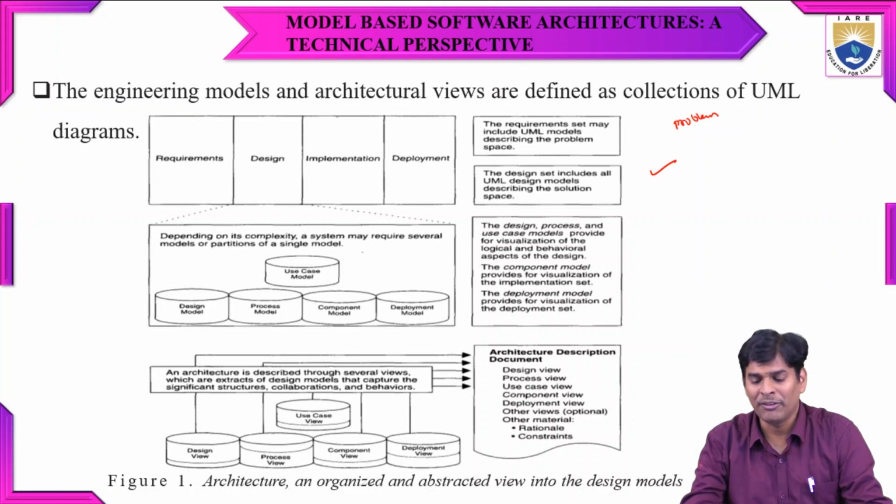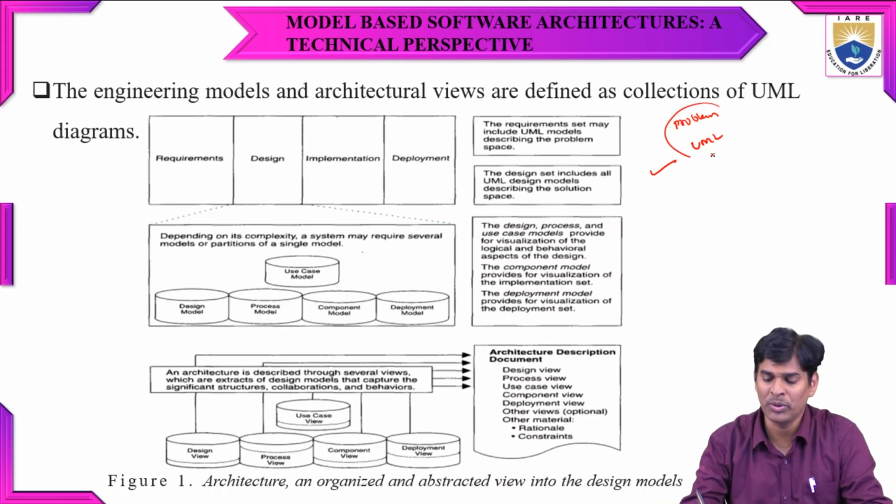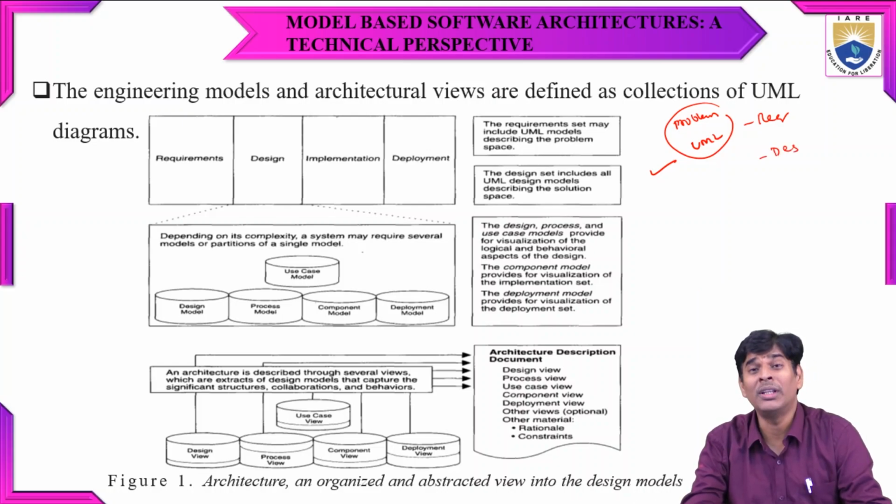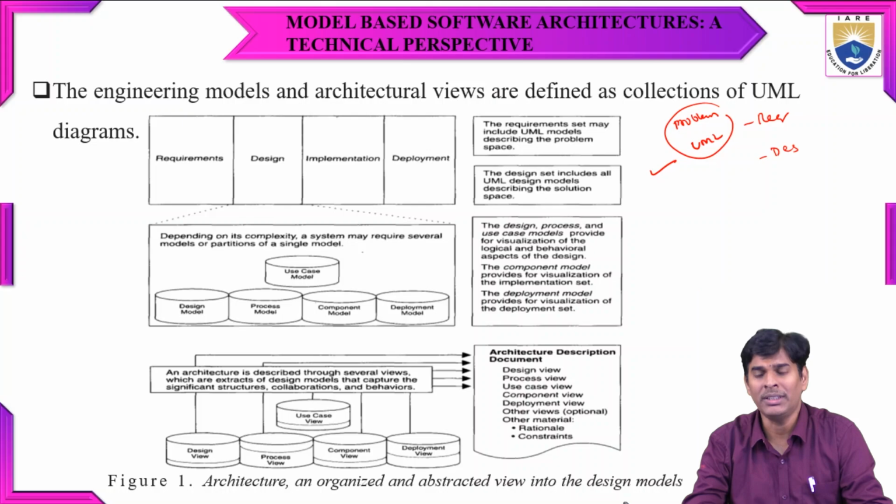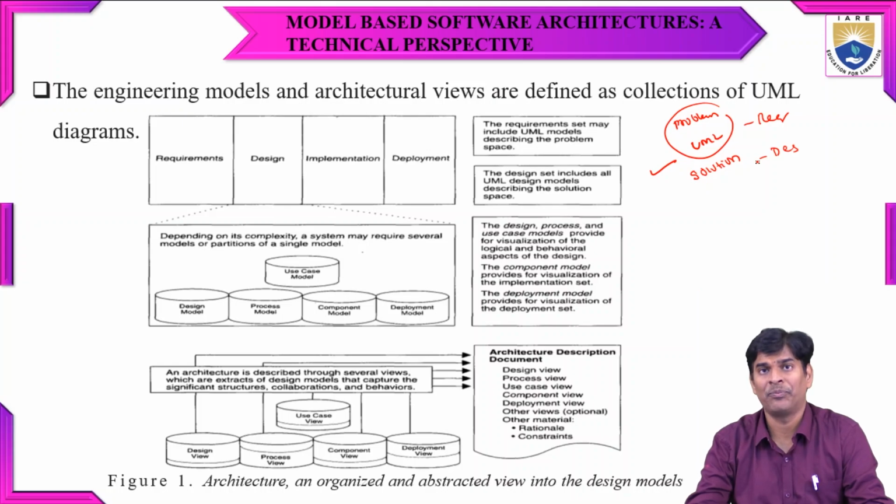The requirements may include various types of UML models, and they are going to discuss the problem space. That is about the requirement. Whereas in the design, they are going to include all the UML design models, and they are going to find the solutions for that problem space.